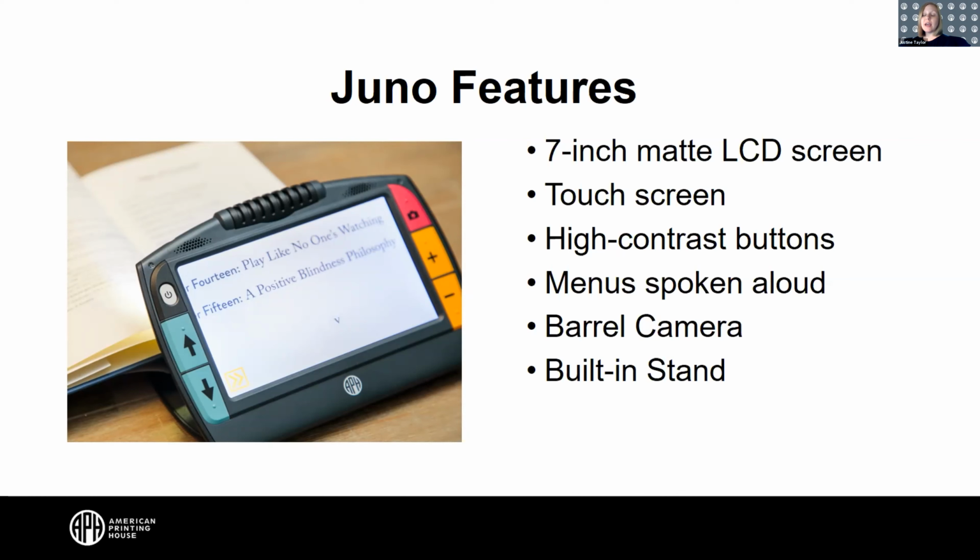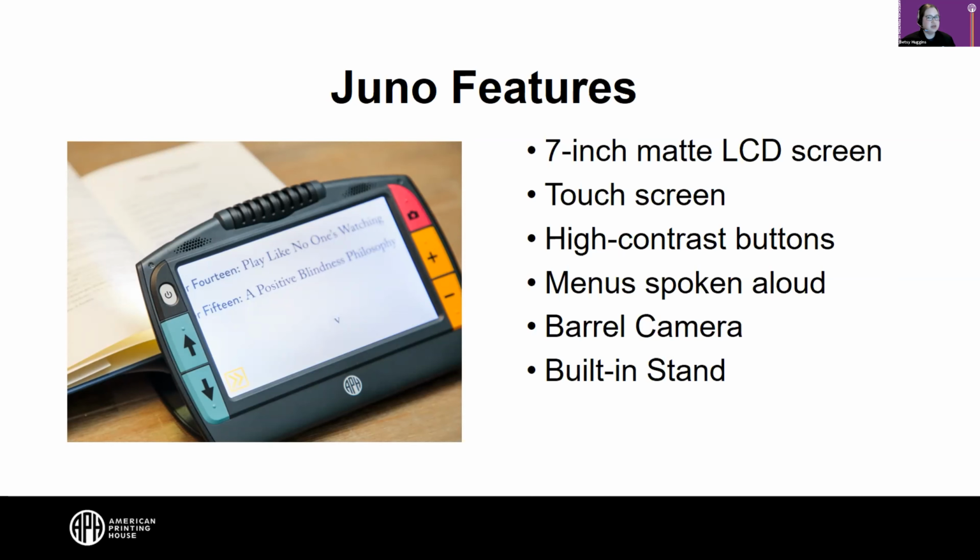You take a picture of the text, and it translates it into text to speech, and it reads that text aloud to you. Excellent. So it enables Juno not only to have these very high magnification levels and multiple color contrasts, but also the ability to have text read to you. Thanks so much for clarifying what OCR is. That's such a great feature of the Juno.